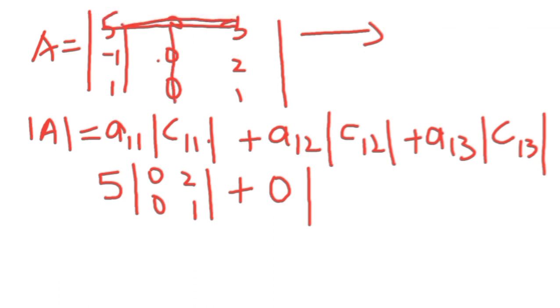The remaining elements are [-1, 1; 2, 1]. This is the method of Laplace expansion. Similarly, we can take the A13 element, which is 3, and take the determinant of the remaining elements, which will form the cofactor. Now here we will see what we have to do.